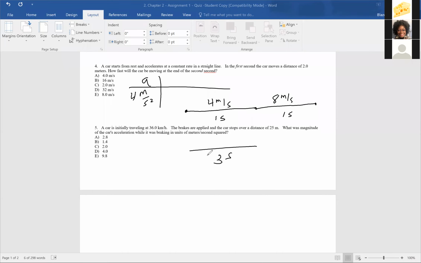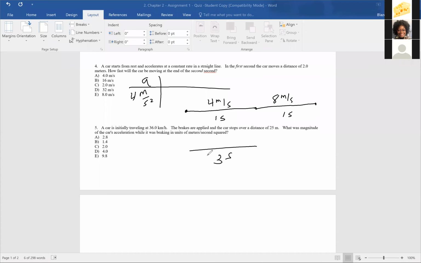Someone tell me very quickly. 12 meters per second. Very good. It's moving at 12, because it's accelerating at a constant rate of 4 meters per second, and it's doing that every second.